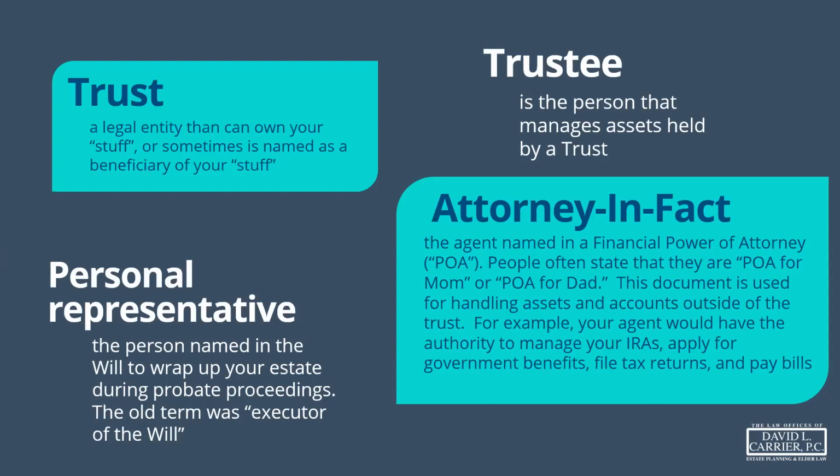Most of the time we draft those effective immediately, and that avoids the situation where if you're not competent in the future, that next agent in line doesn't have to find 2 doctors to say that you're not competent. So long as you trust that first person on your agents list, we usually name those agents as the attorney in fact and have it effective immediately at that point.